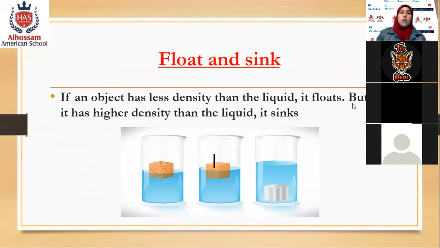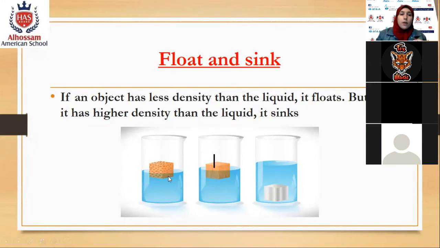Now, let's go to another topic, which is float and sink. If we put a cube of wood on the water, or a cork, for example, this is a cork and this is a wood, and in the other beaker we put iron.